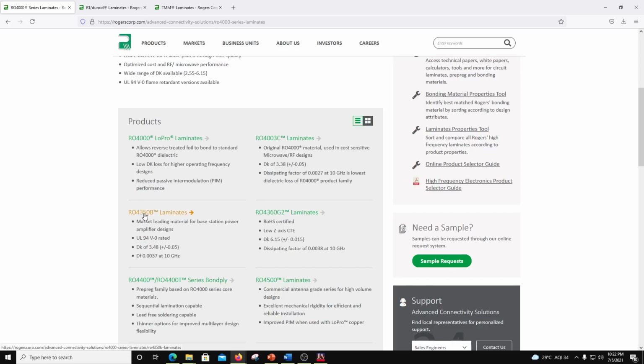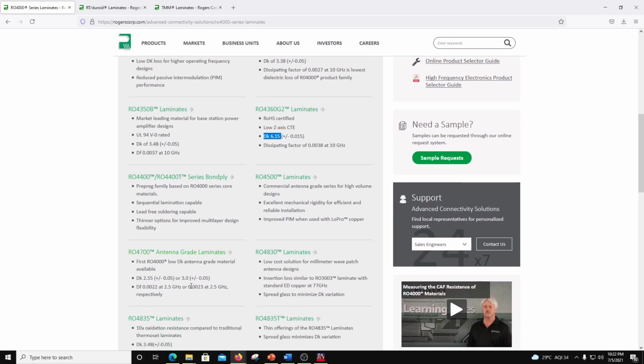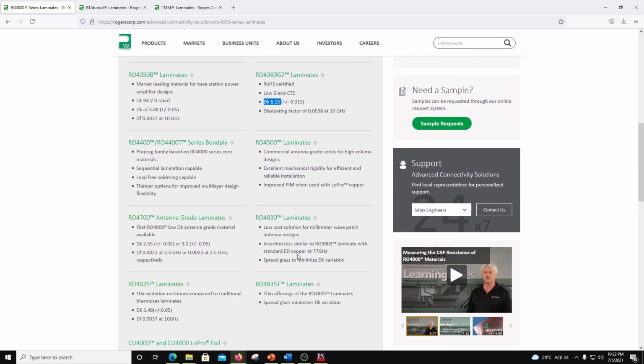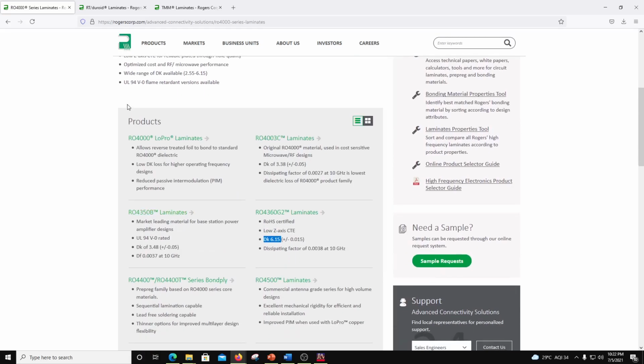This is 4350B, then this is 4360G, which is 6.5 here. So there are different materials with different dielectric constants in this 4000 series. This is the fire resistance series, which is the cheapest from Rogers.